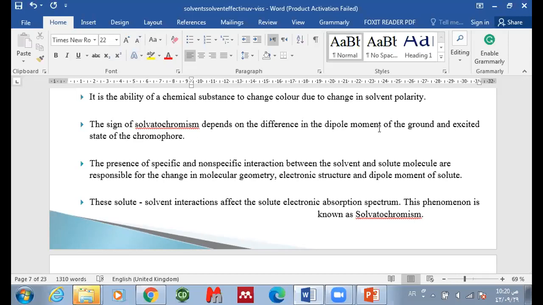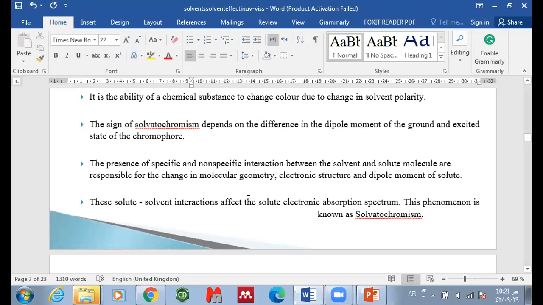The higher the dielectric constant of the solvent, the more polar it is. For example, water has a dielectric constant of 80, while methanol 30. This means water is more polar than methanol because it has a higher dielectric constant.